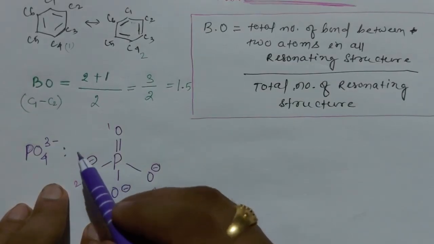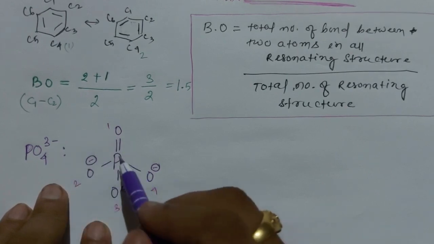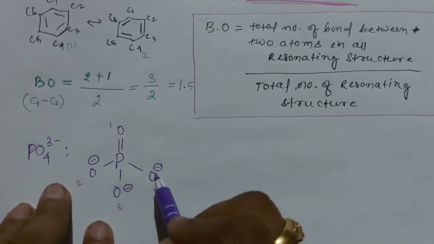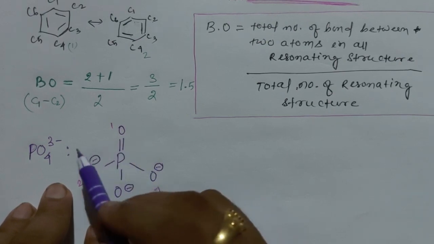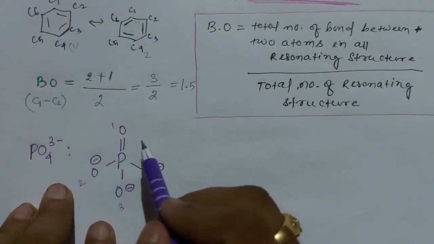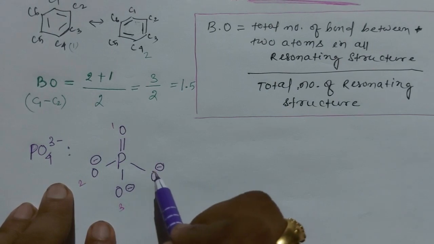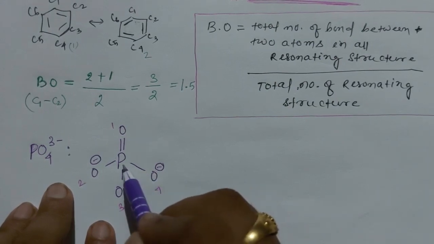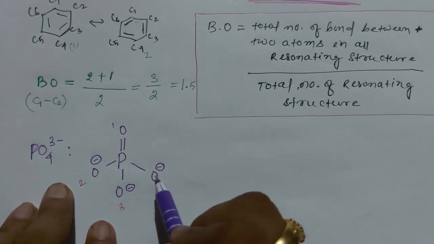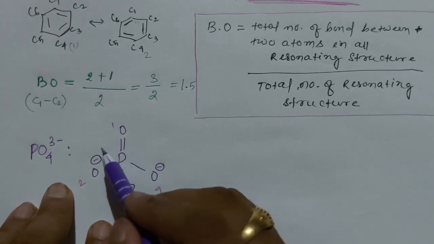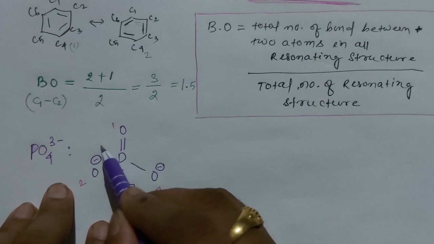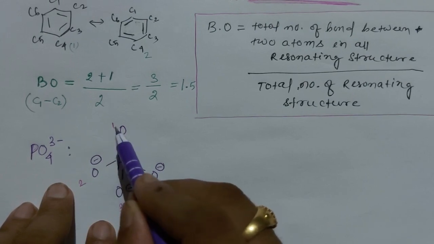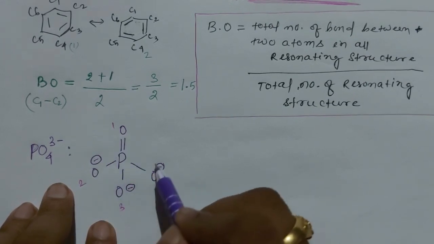Now we will calculate the bond order between phosphorus and oxygen in PO4 3 minus. What will be the bond order between phosphorus and oxygen? Here we have phosphorus and oxygen number 4. As this is a resonating structure, the negative charge is delocalized and dispersed over 4 oxygen atoms.